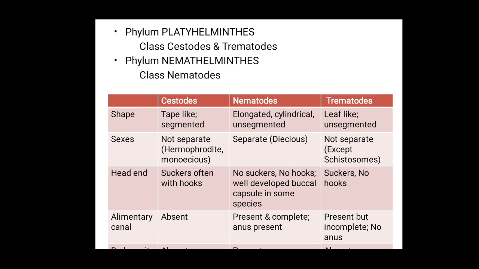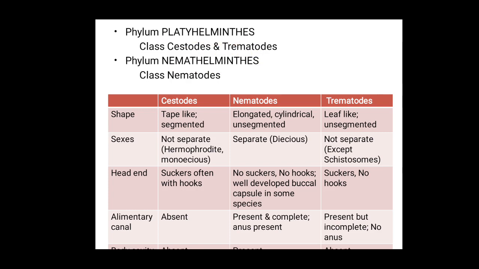Coming to the introduction, the worm Paragonimus westermanii is a trematode. You know the classification of helminths. Helminths are classified into the platyhelminthes and the nemathelminthes.